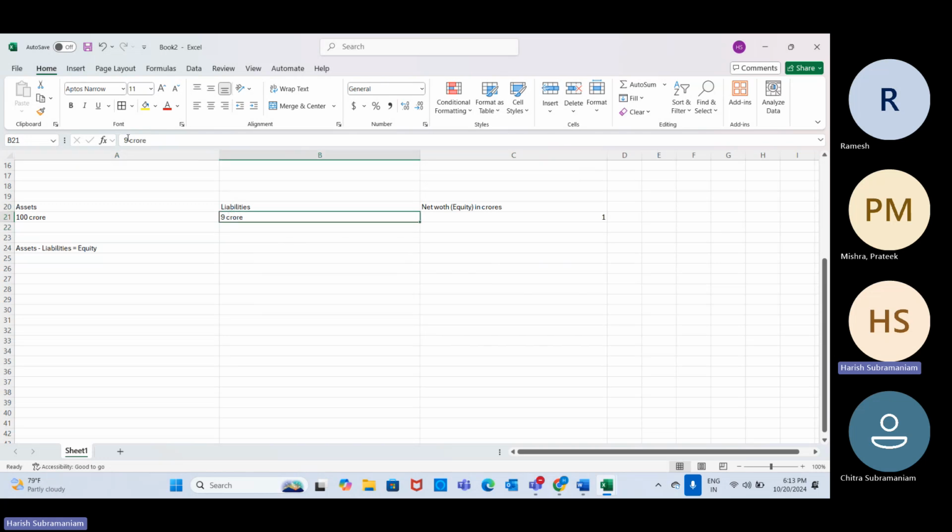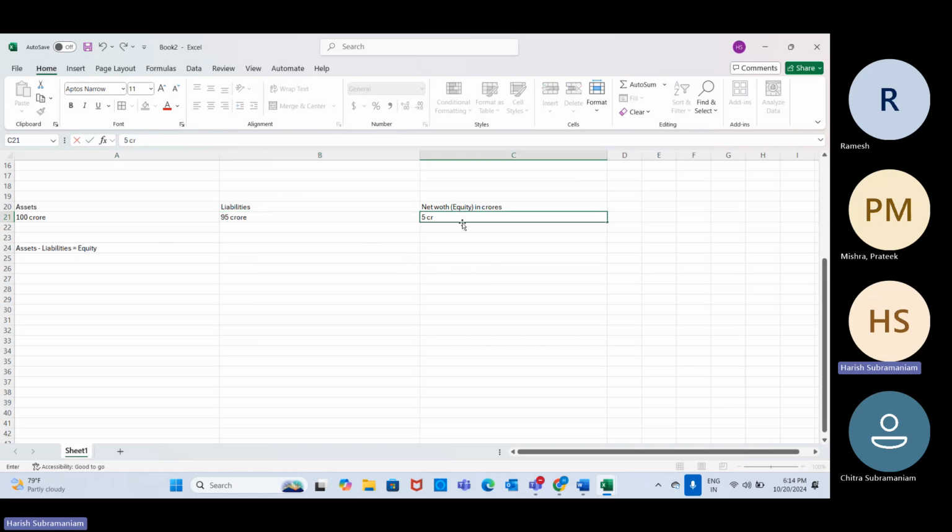But the company also has a repayment of some 95 crore, for example. Then let's say tomorrow the company gets dissolved for whatever reason. Then the shareholders will get what is left over, right? Whatever are the assets minus liabilities, that is the remaining amount, which is the equity. That is what the shareholders will get.